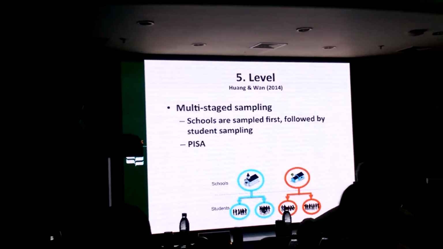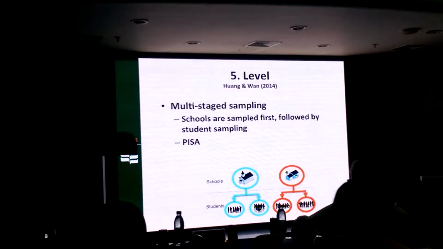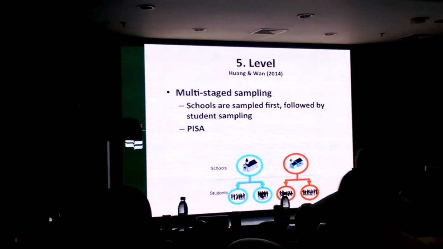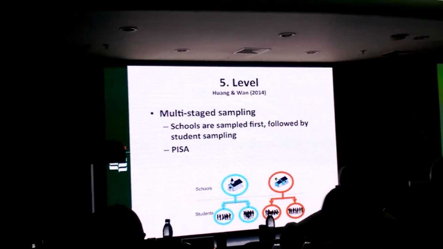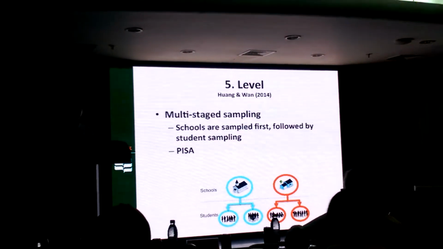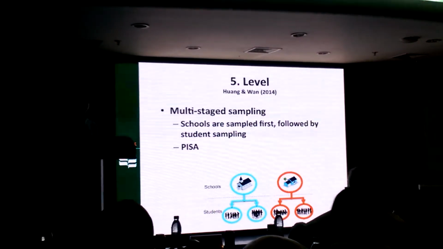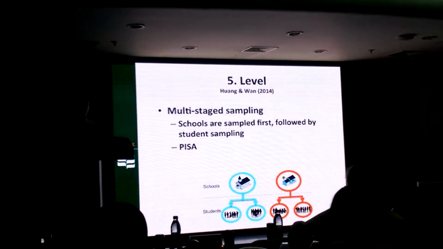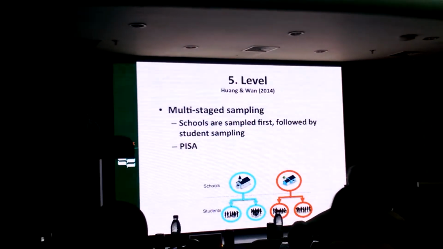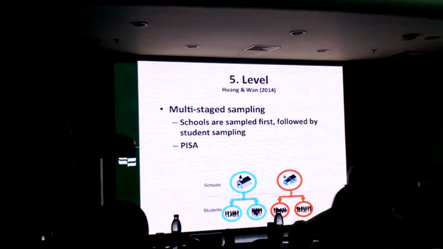Because especially in Hong Kong, we have band 1 schools, band 2 schools, band 3 schools, and people apply for different levels of schools, and then there's the top school and middle school, and then some schools are not so good.